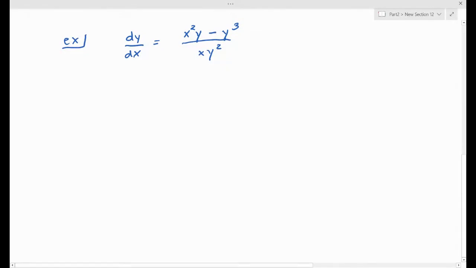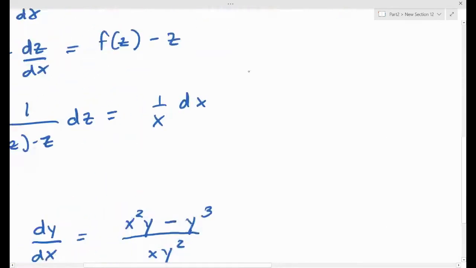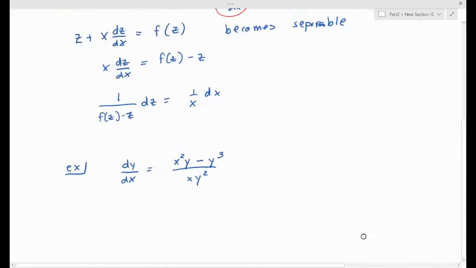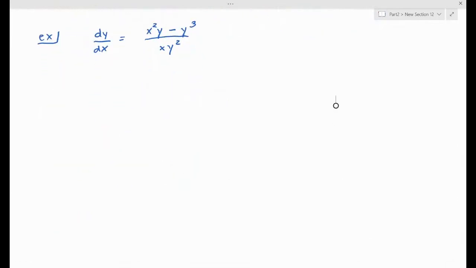Okay, so we have y prime is equal to some function of x and y, but what's outstanding about the expression on the right is all the terms have a combined power of 3, right? So that's sometimes a telltale sign. Sorry about that.